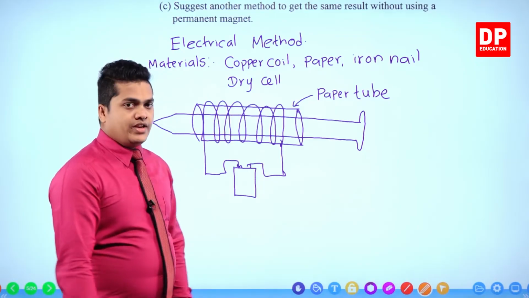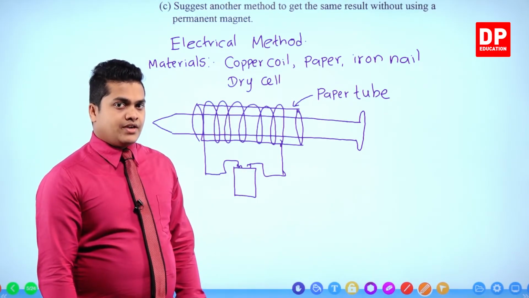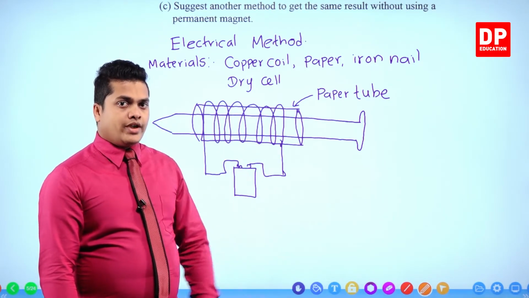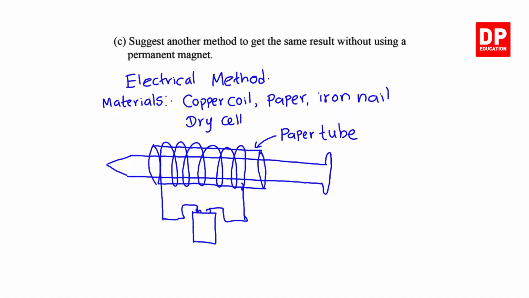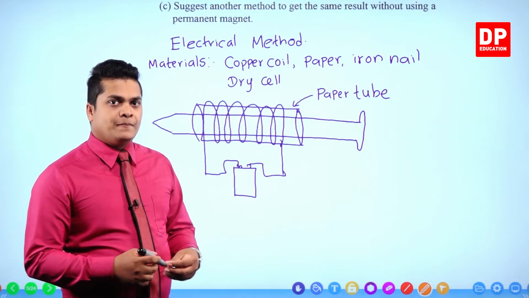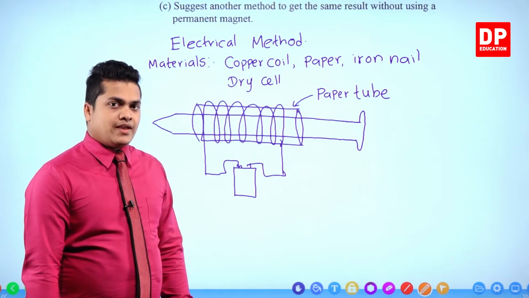Now we need to pass electricity for some time using the dry cell to the coil. Then after some time you can observe the magnetic effect on the iron nail, right, my dear children? So this is the way of doing the experiment.